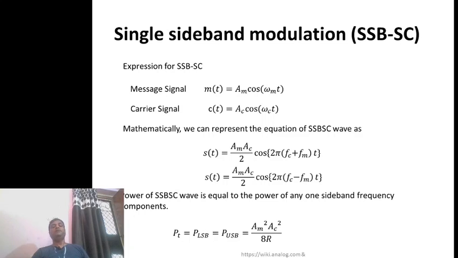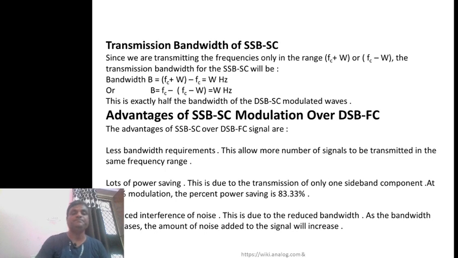It means our transmitted power is AM square AC square upon 8 R. You already know how we got this by calculating the power in the sideband, or the total power in the spectrum. I already calculated this for double sideband suppressed carrier and standard AM, so from this we are able to calculate the transmitted power.